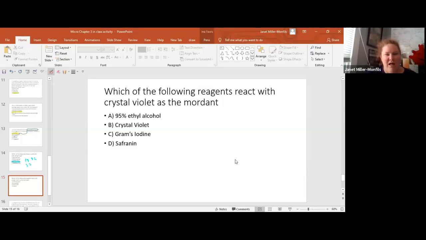And which of the following reagents reacts with cresol violet as the mordant?